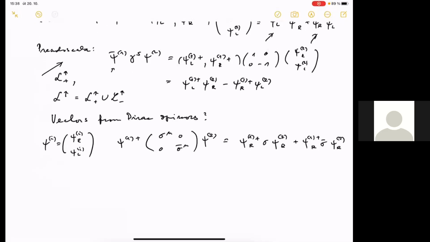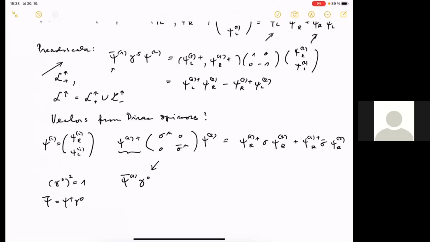We can also rewrite this left-hand side in terms of the Dirac conjugated spinor. In order to reproduce this, we should multiply the Dirac conjugated spinor from the left by gamma 0, since gamma 0 squared is 1 and psi bar is psi dagger times gamma 0.